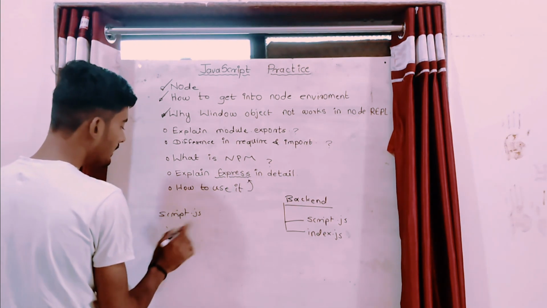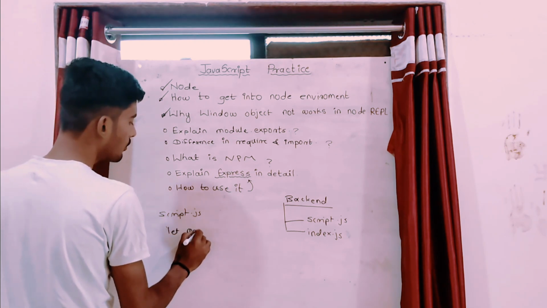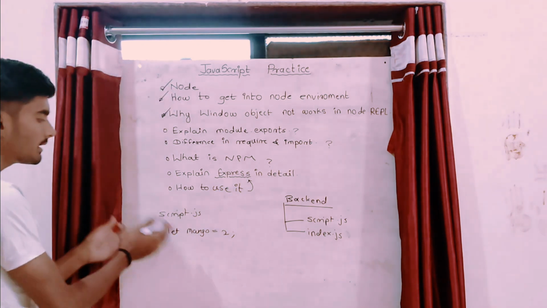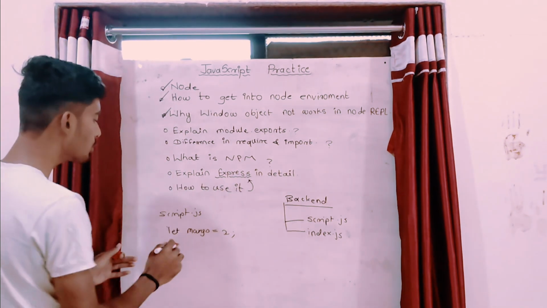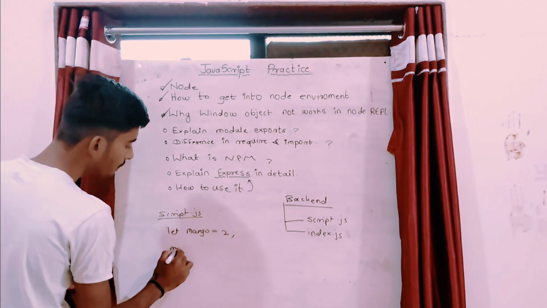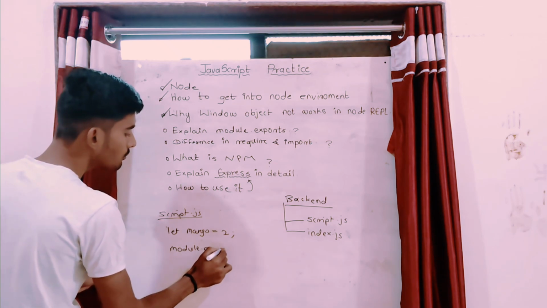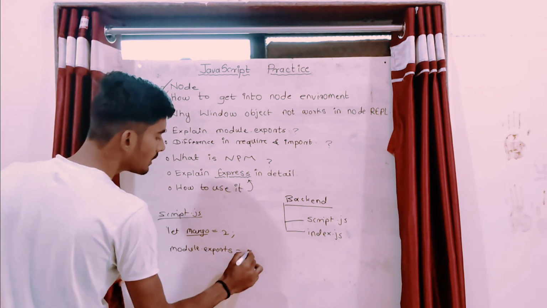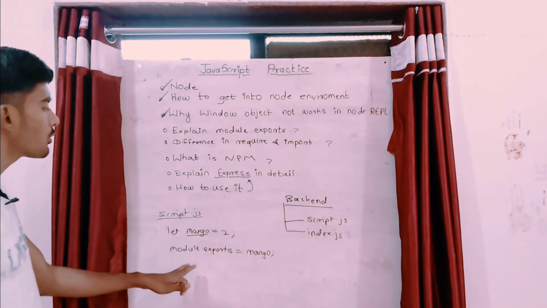Inside the script.js file, you have made one variable, that is let mango is equal to 2, and you want to export this value of mango into the index.js file. So what will you do? Inside the script.js, you will use module.exports, and you will simply assign this variable to module.exports.